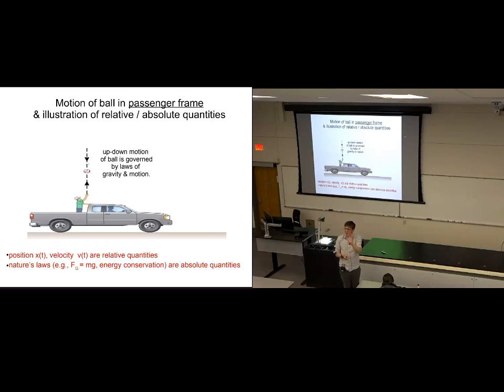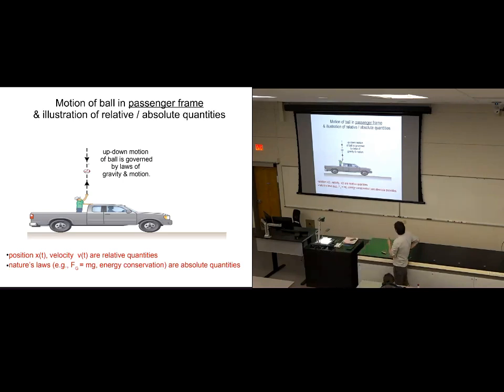And what that means is that they would change from reference frame to reference frame. What things are invariant or absolute? That would mean that they didn't change when you went from one reference frame to the other. So we've got two reference frames, passenger reference frame, pedestrian reference frame. We're going to be asking who's relative, who changes from frame to frame, and who's invariant, who's absolute, who stays the same from frame to frame.